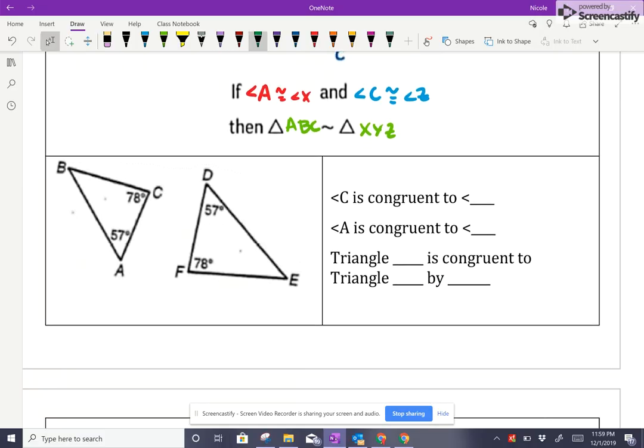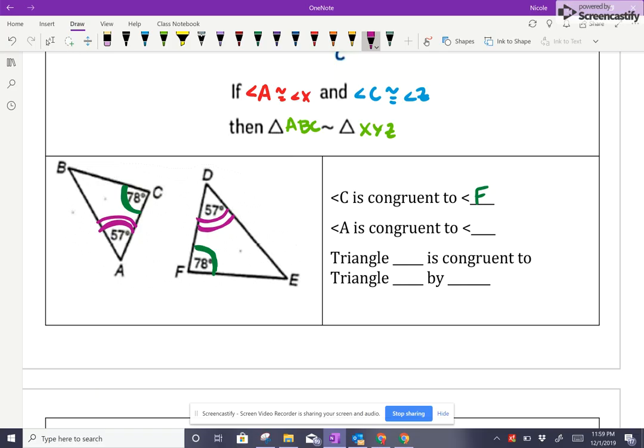I am looking at triangle ABC and triangle DEF. I see C has 78 degrees and F has 78 degrees, so I know that angle C is congruent to angle F. And I see that angle A is congruent to angle D. They're both 57 degrees.